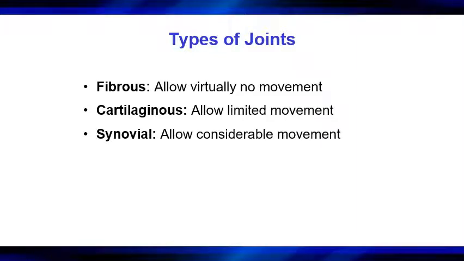And then the synovial joints are what we call diarthrodial joints. They allow for considerable movement. These are classically what most people think of when they think of joints, again your elbow, your knee. Those are your synovial joints. There are particular characteristics of each one of those joints, and I want you to be thinking about that as you do your reading. Make some notes to yourself about other things on these types of joints.